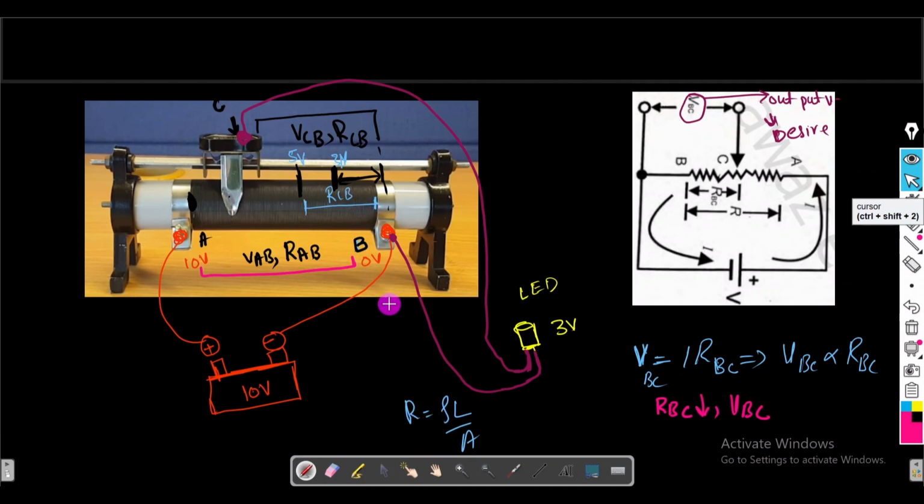And if the resistance is decreased, then according to this relationship the potential difference will also decrease, so at this point the voltage becomes 3 volt, and when this sliding contact comes to here, then this LED will glow off.